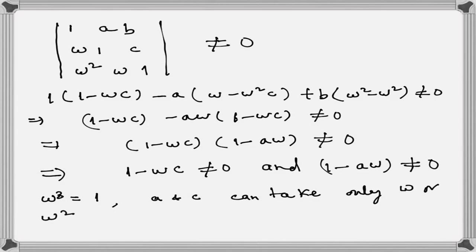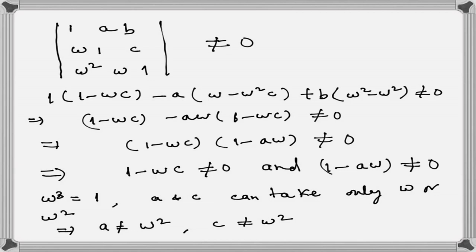Given 1 minus WC not equal to 0, this implies A is not W square and C is not W square, because if A and C were W square, then 1 minus WC would be 1 minus W cube, which is 0.